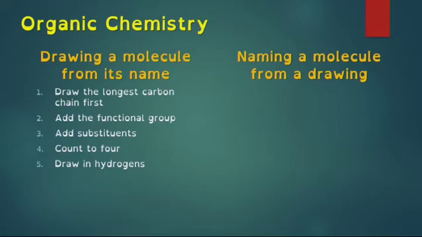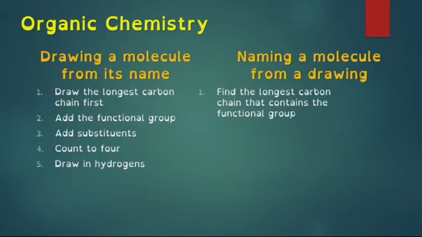Now, if you have to name a molecule from a drawing, I follow a very similar system with slight differences, because now I don't need to count to 4 because I'm hoping the examiner can, and I don't need to draw in my hydrogens. So, when I name a molecule, the first thing I do is find the longest carbon chain. Very important: 1, it has to contain the functional group.